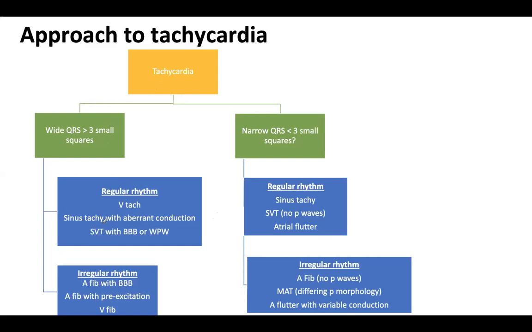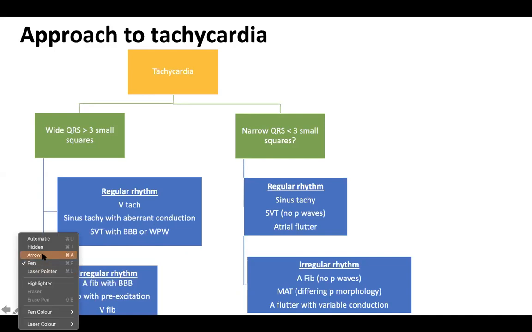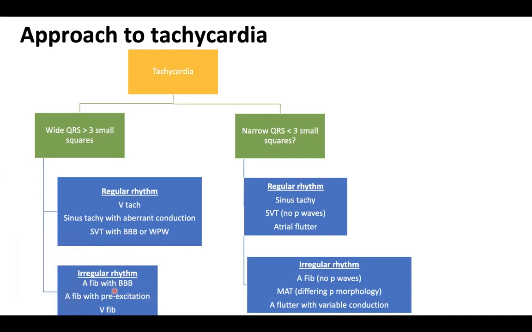And then supraventricular tachycardia with bundle branch block, or supraventricular tachycardia with Wolff-Parkinson-White. And then a wide QRS complex with an irregular rhythm could be atrial fibrillation with bundle branch block, atrial fibrillation with pre-excitation, or ventricular fibrillation.